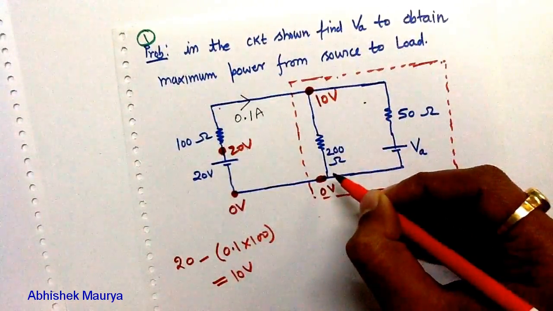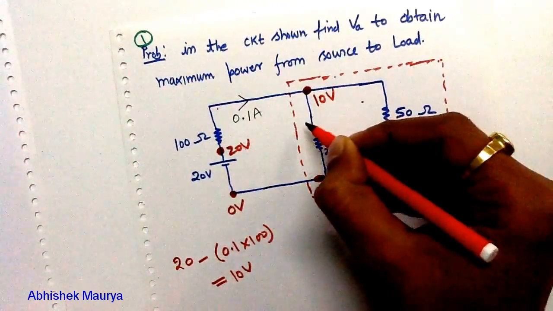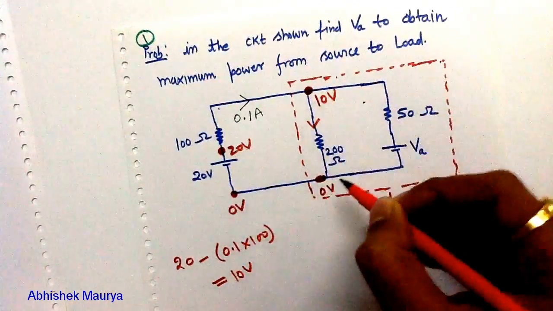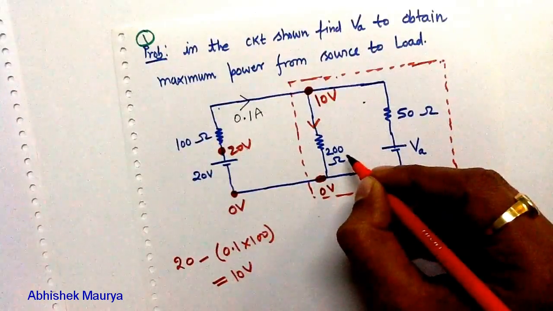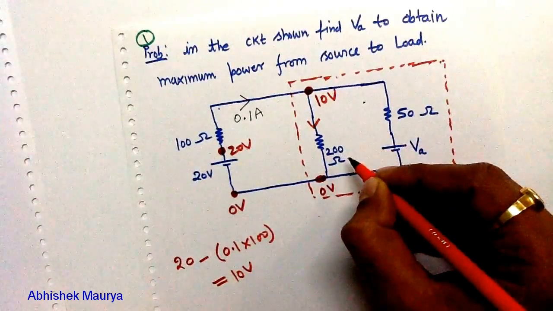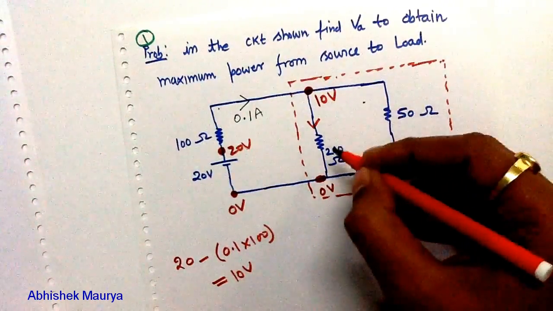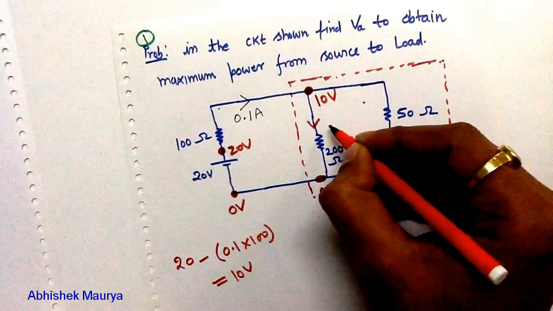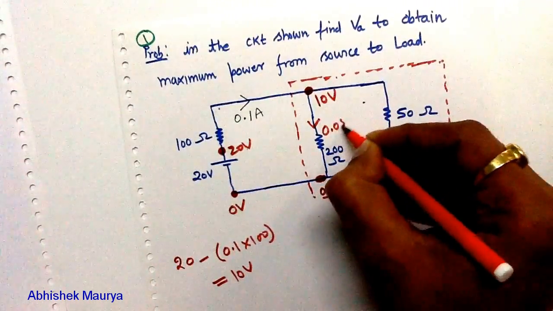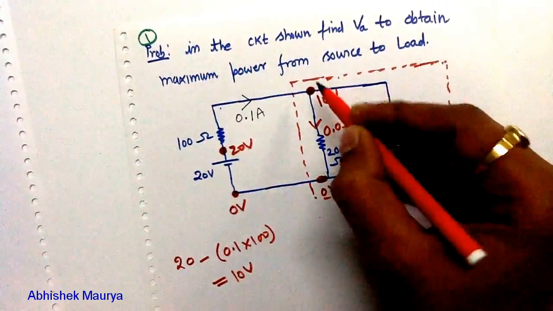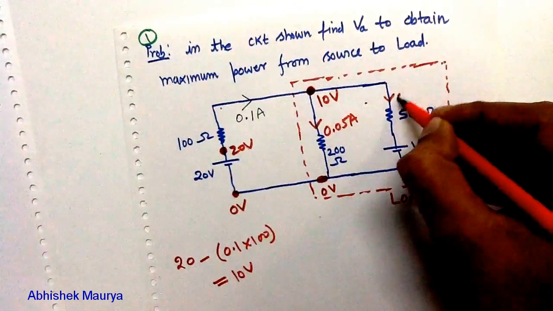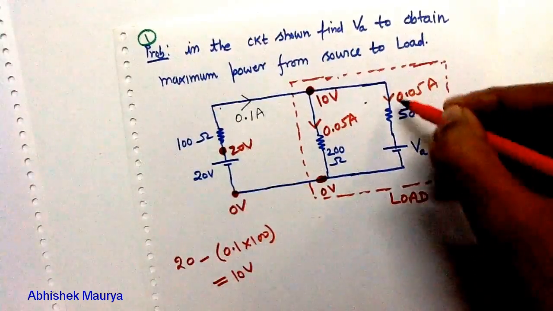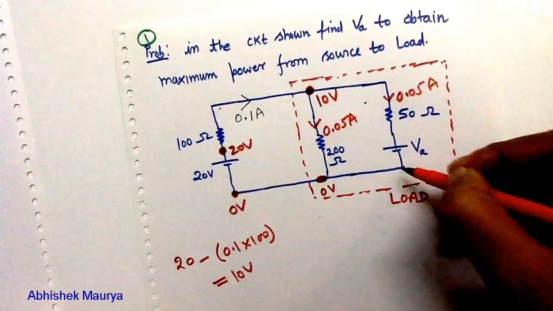In the 200 ohm resistor, the current will be 10 volt divided by 200 ohm. So it will be 0.05 ampere. If you apply KCL at this point, you will get 0.05 ampere current in this branch.